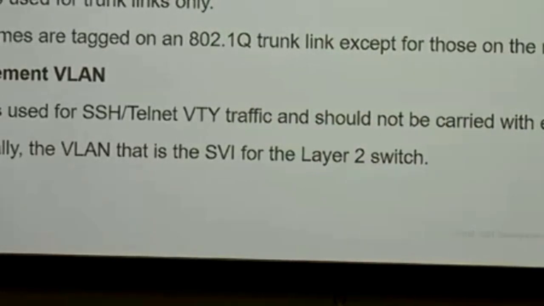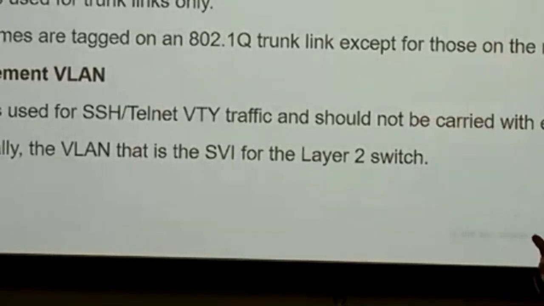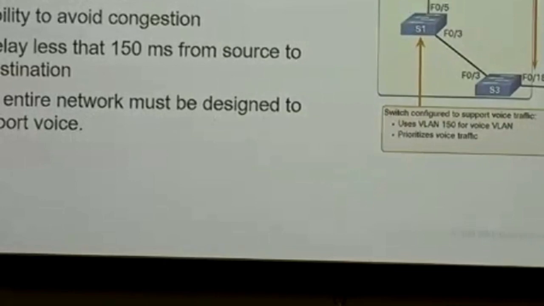The native VLAN, its job is basically, if there's no place else to go, it will go here. Does the data VLAN have voice? No, voice is a separate type of VLAN. We'll talk about that one right there.